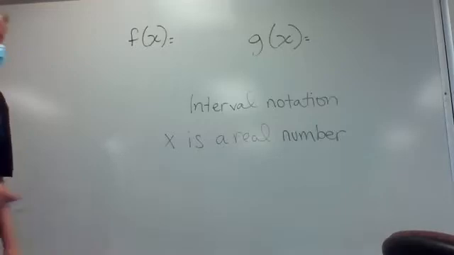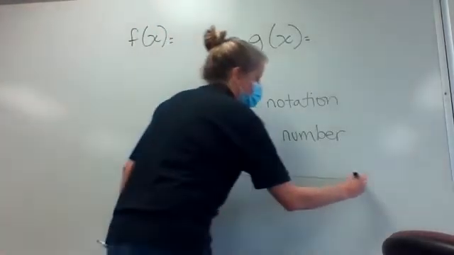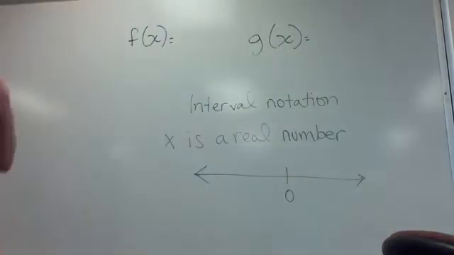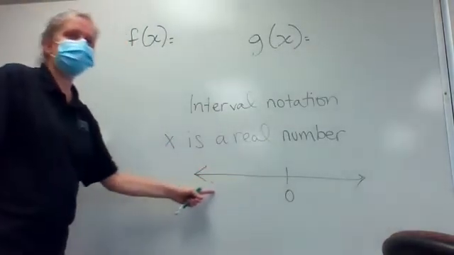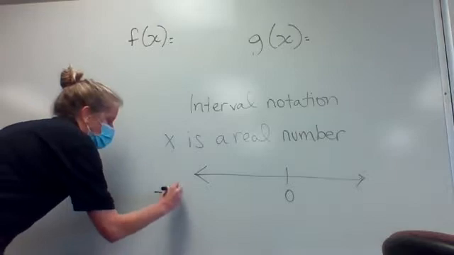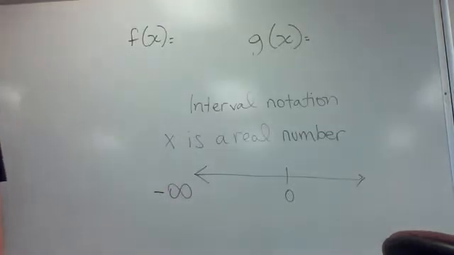The way you write that in interval notation, here's your number line, 0 in the middle. Your negatives go this way forever and ever. The number line never stops. That's called going all the way to negative infinity.